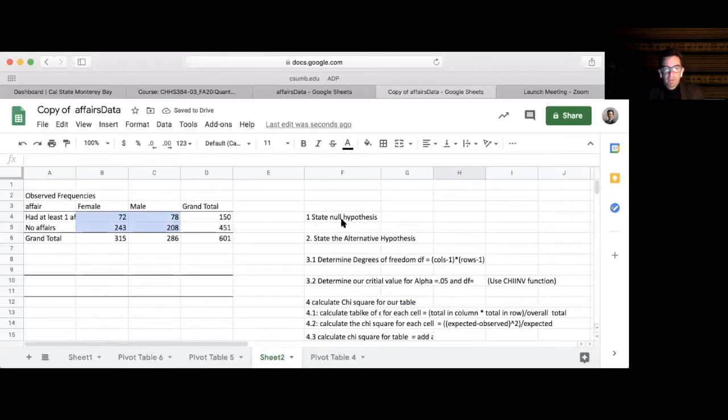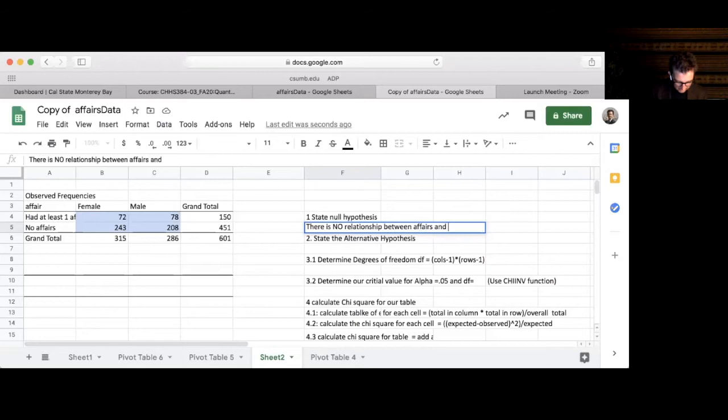Okay, so the first step is to state the null hypothesis. And the null hypothesis is that there is no relationship between affairs and gender in the population.